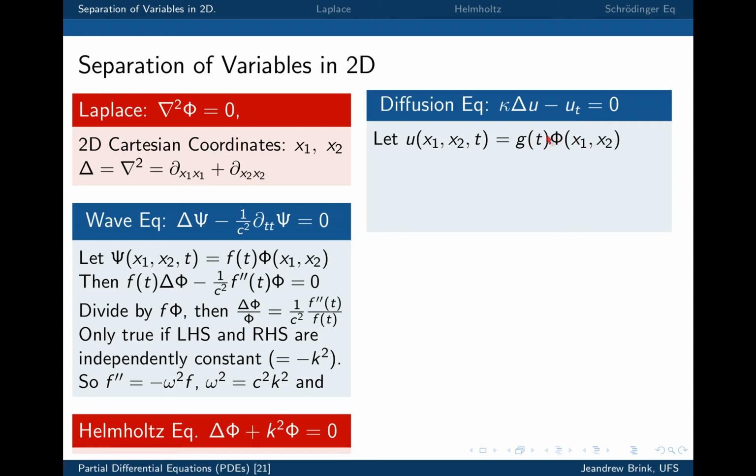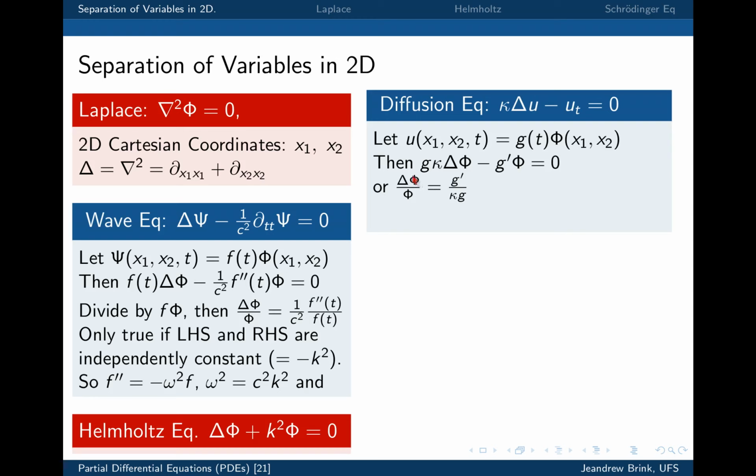And if you do that and push it back into this equation, you once again get this expression where the Laplace operator only goes to the functions that are dependent on space, and the time derivative is only applied to g, and that's equal to 0. You divide by g phi and collect things of like independent variable on the same side.